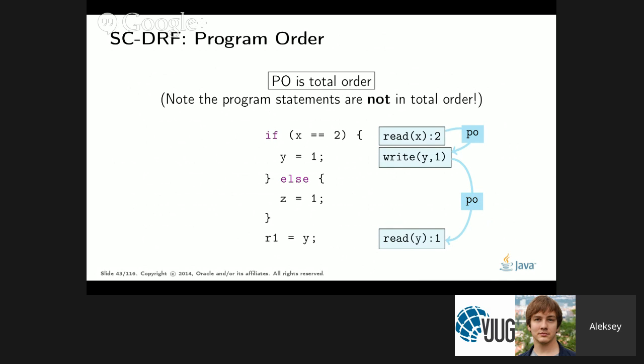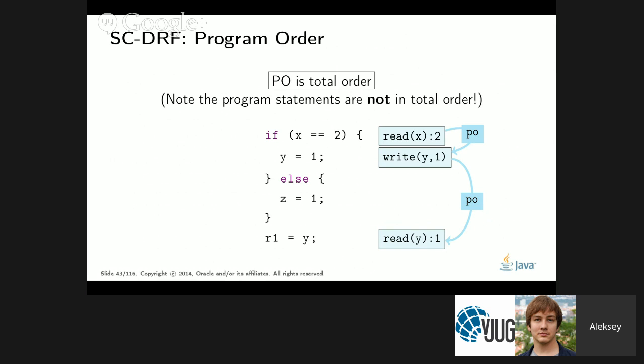Program order is a total order, so every 2 actions within the single thread are ordered with program order. For instance, if I actually read 2 in the first action, then I have the next action of writing 1 to y, and then reading 1 from y here.